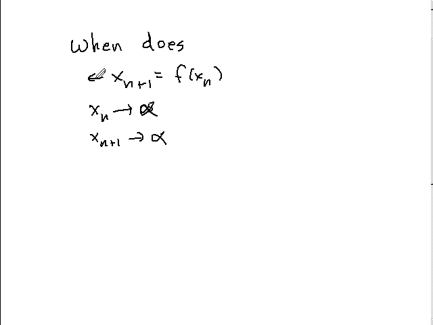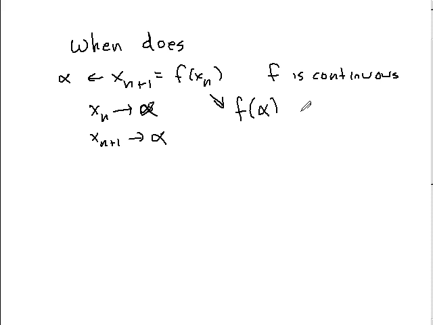Now, apply this to both sides of the equation. If this goes to alpha, and if f is continuous, which we'll assume it is, what does f of xn approach as xn goes to alpha?